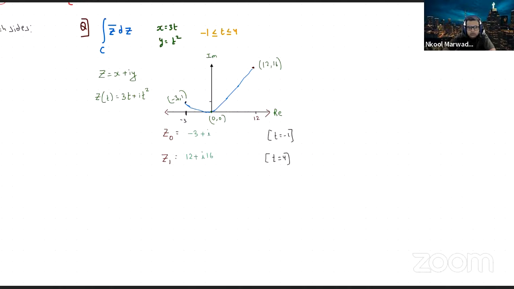So the integration of the complex conjugate dz will be equal to the integration of the complex conjugate, which is 3t minus it squared, and dz we can calculate. dz we just have to differentiate with respect to t.